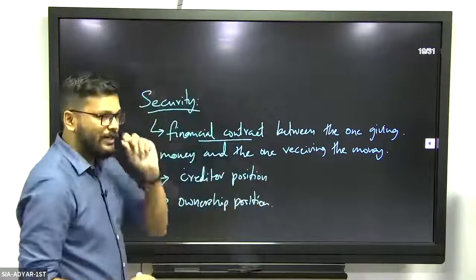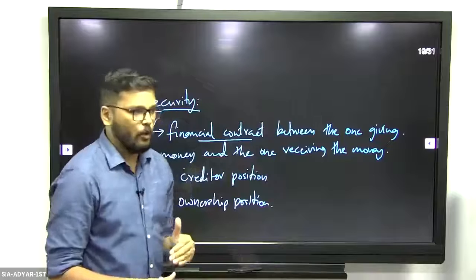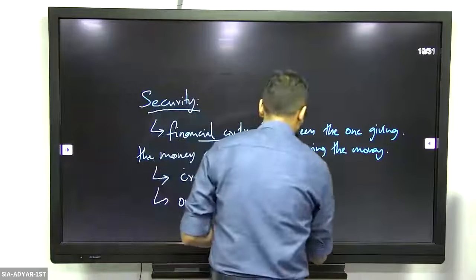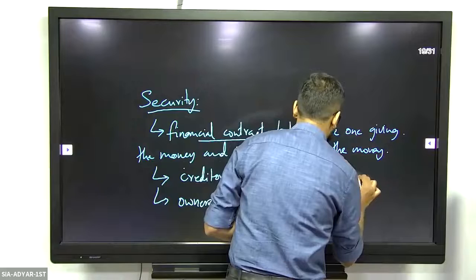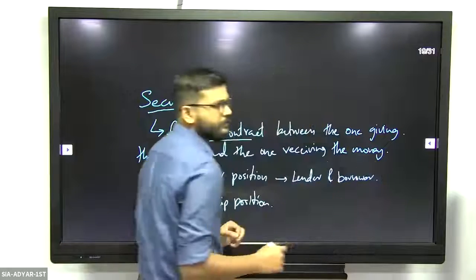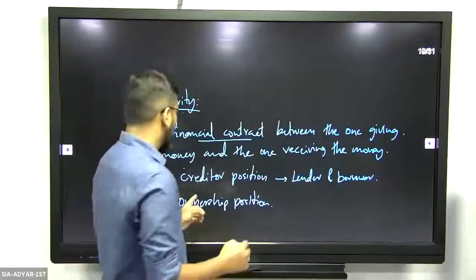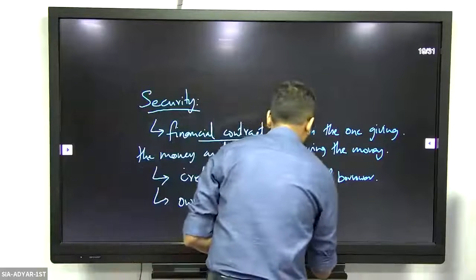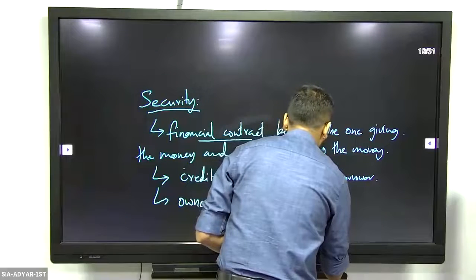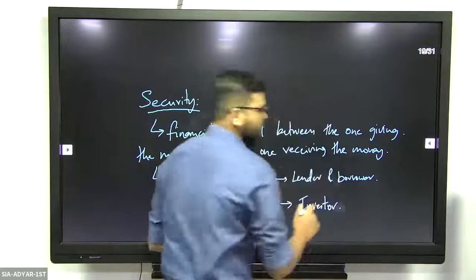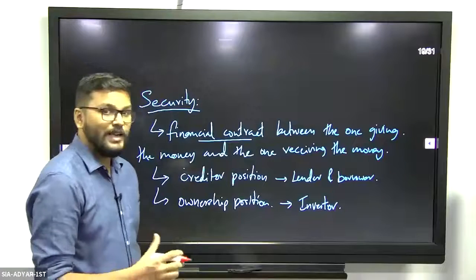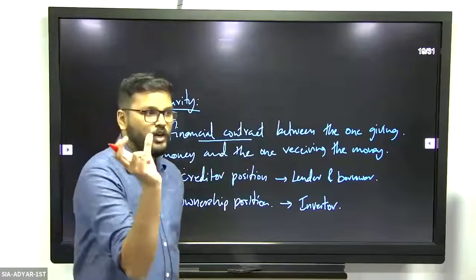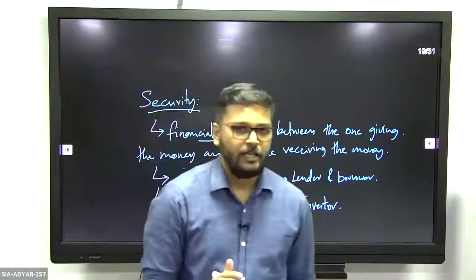When you talk about creditor position, there is a lender and a borrower. But there is also ownership position where you become an investor, an owner, which means you own a share of that company.